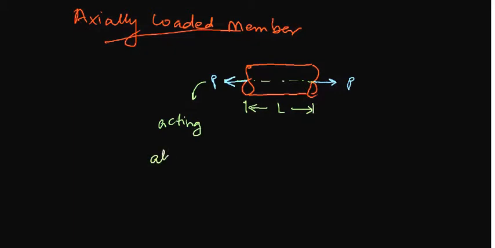Okay, then what actually happens when you apply this kind of a load, that is an axial load, onto such a member? We'll come to that in the next slide or in the next lecture. Let's first of all describe all three kinds of loads that we have. The first is the axially loaded member.